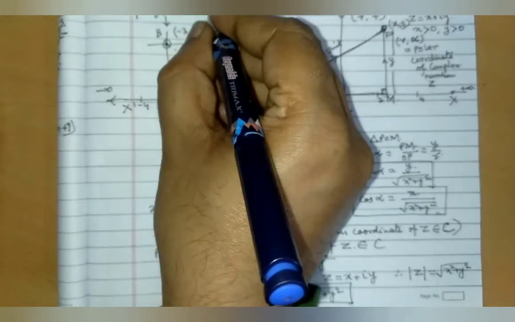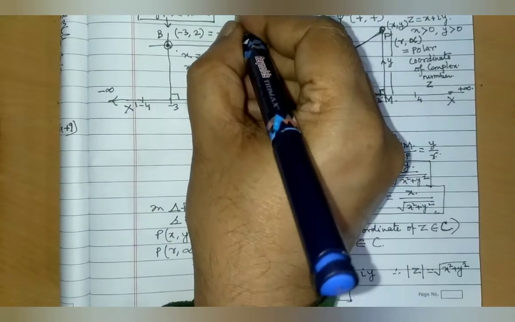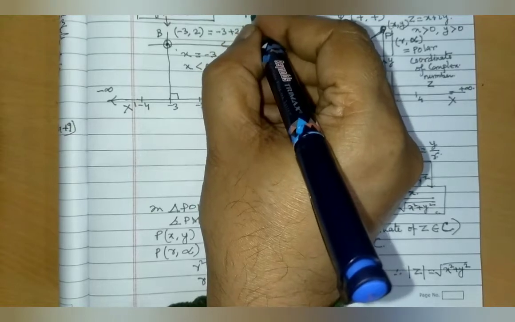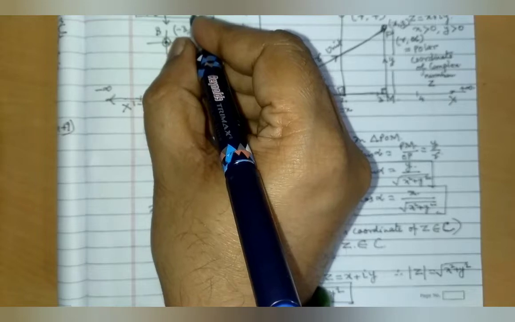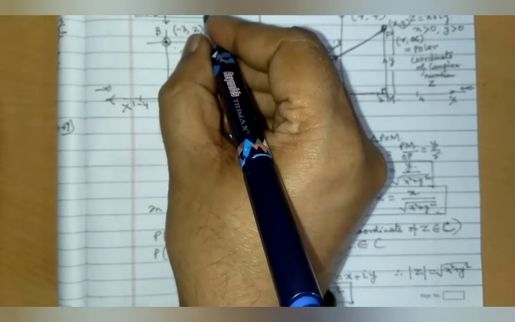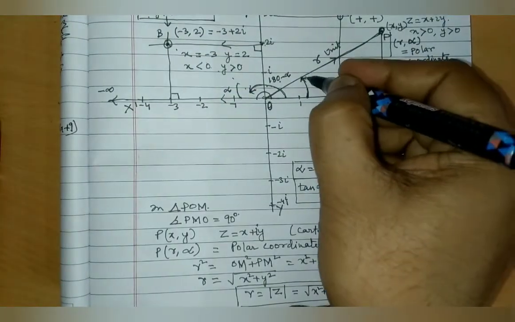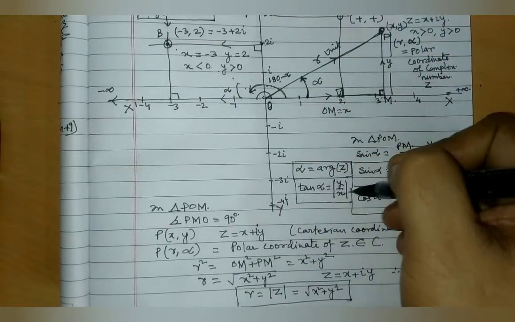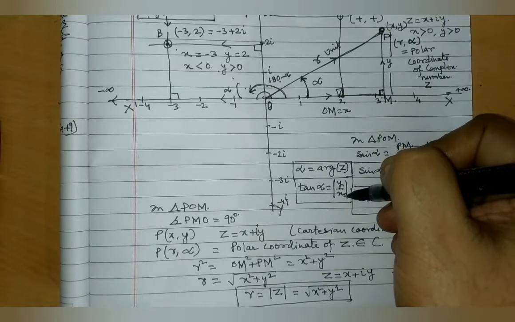So if a particular complex number lies in the second quadrant, then the argument of the complex number can be determined by applying this formula: 180 degrees minus alpha, where alpha is the acute angle related with tan alpha equals modulus of y divided by x.